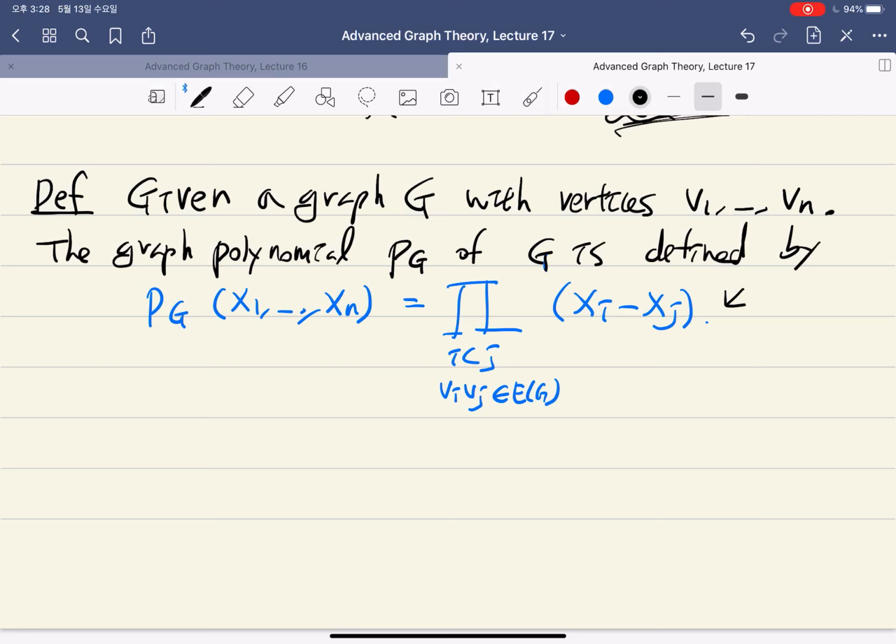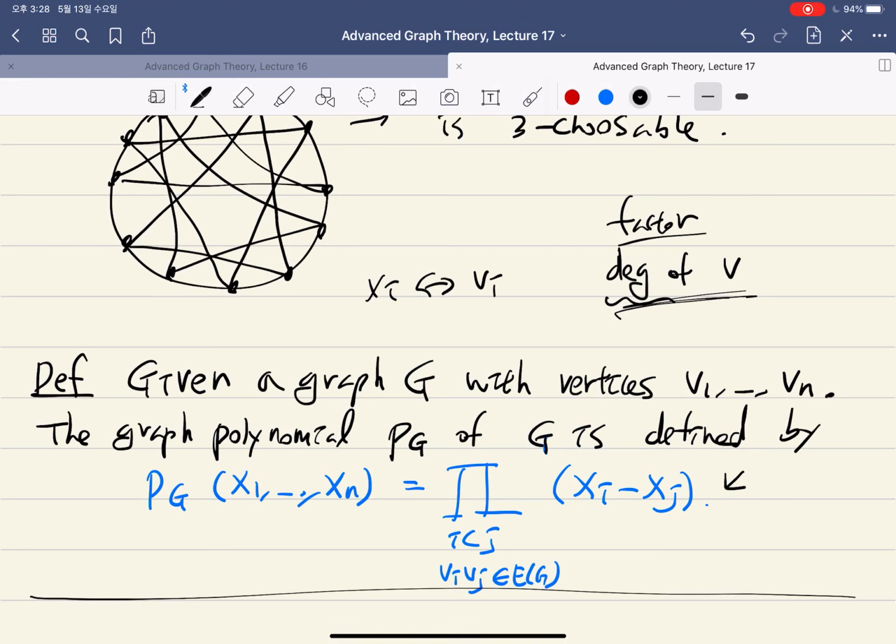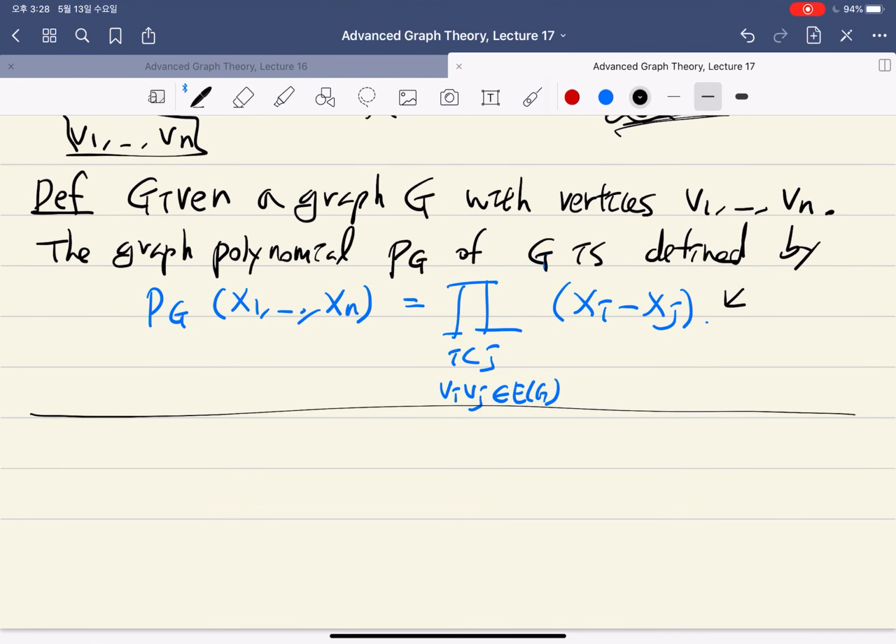So what's the relationship between this and the chromatic number? Let's just assume, for now, that whatever graph we consider, we always have this ordering of the vertices, v1 to vn.